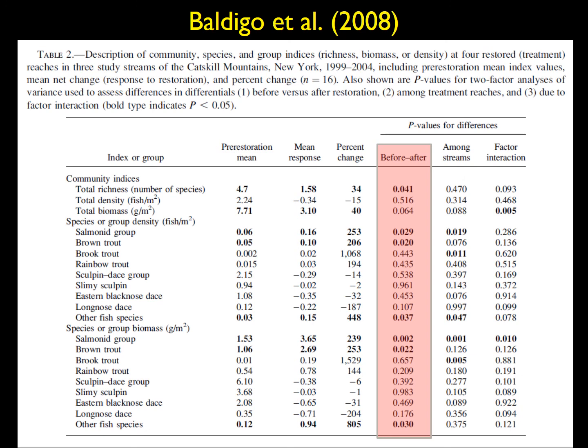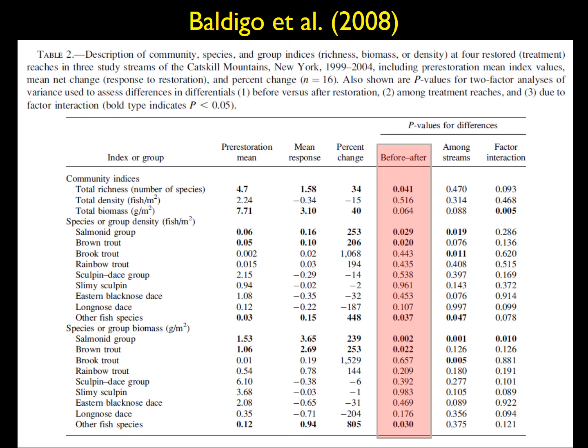So a positive value indicates an increase due to restoration. And you can look that over. So the total number of species increased by about 1.5 after restoration. Total biomass increased by about 3 grams per square meter after restoration.